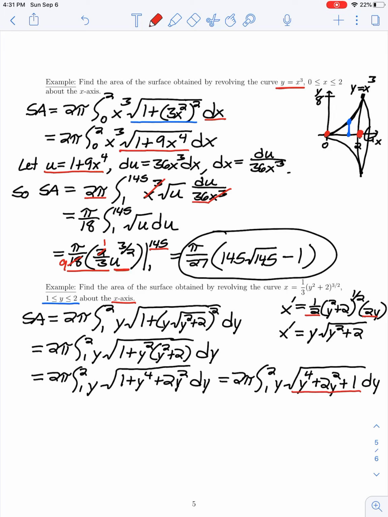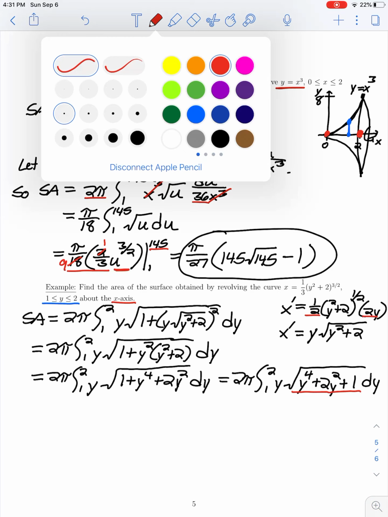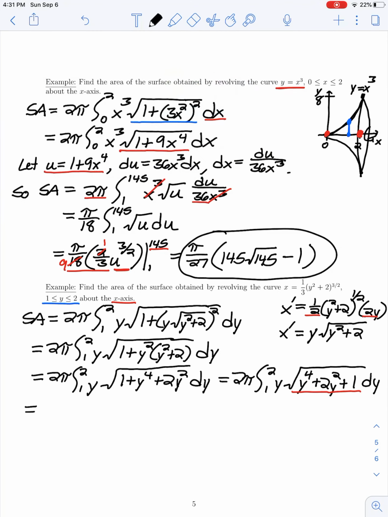So if I now look at this expression under the radical, I can recognize that it factors as a perfect square. So I'm going to have 2 pi times the integral from 1 to 2 of y times the square root of, now this polynomial with respect to y can be factored as y squared plus 1 quantity squared. And then I've got my dy on the end.